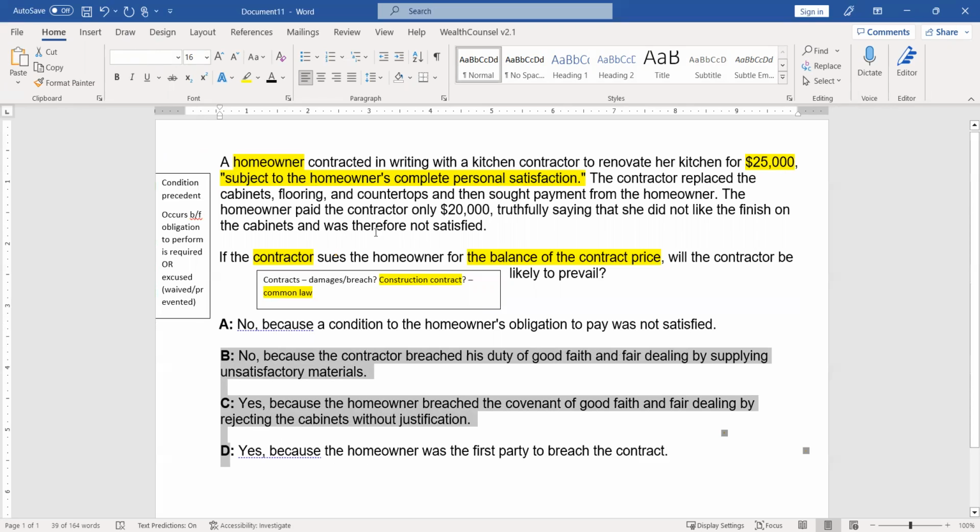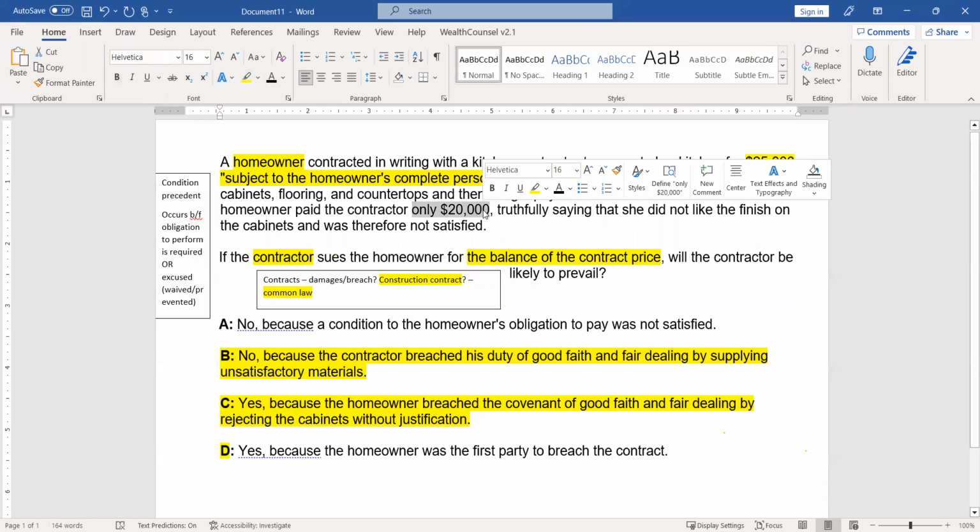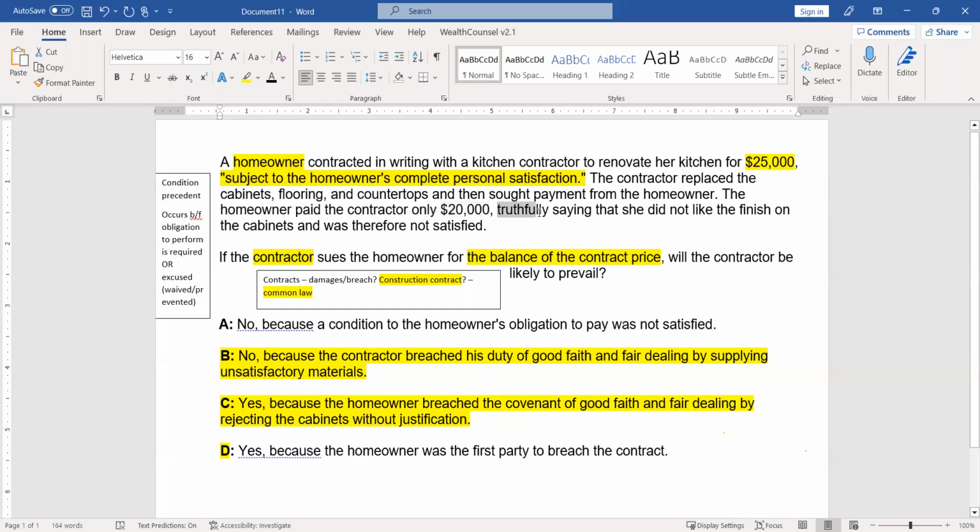Then the contractor replaced the cabinets, flooring, all the stuff he performed. The homeowner paid the contractor only $20,000, truthfully saying that she did not like the finish and the cabinets and was therefore not satisfied.